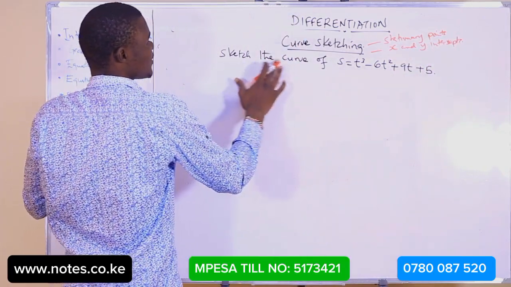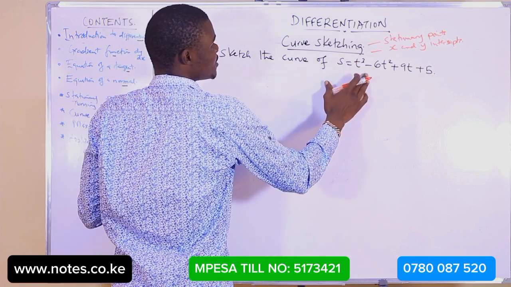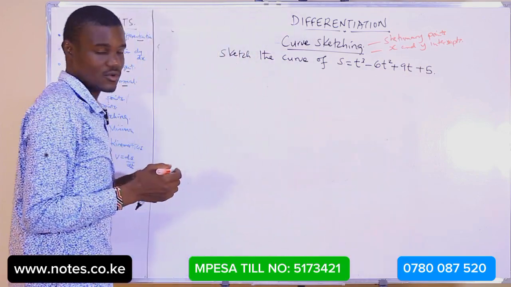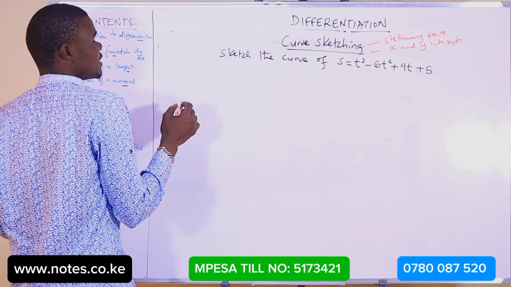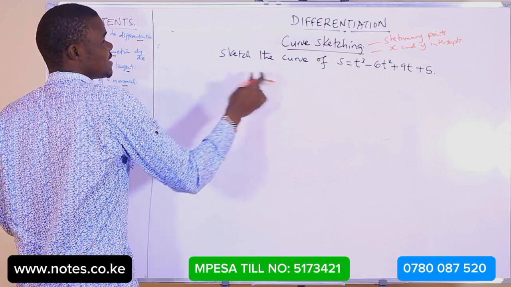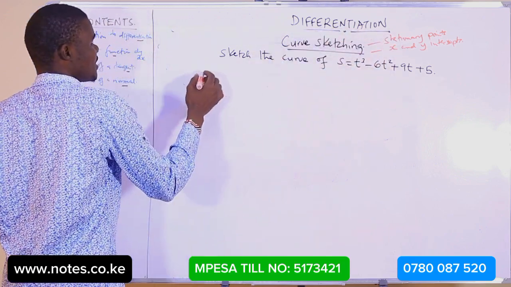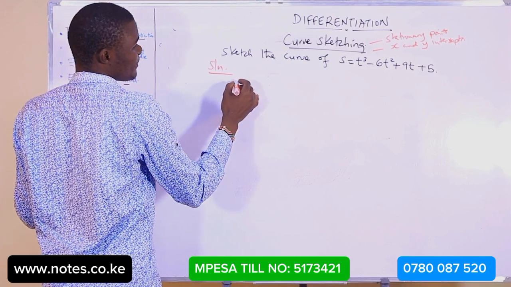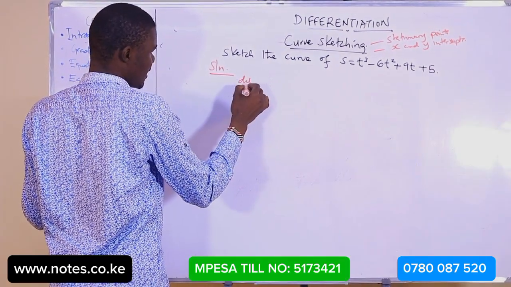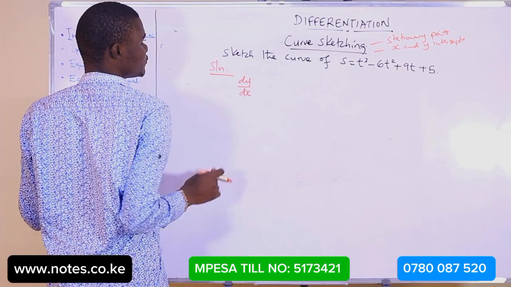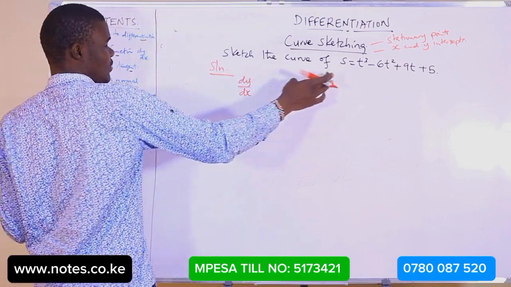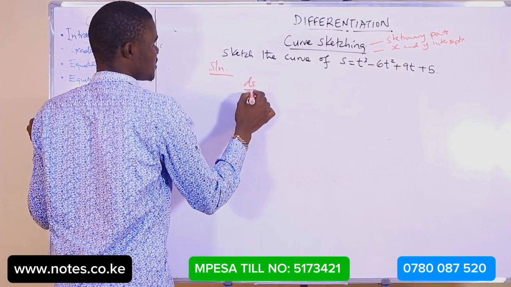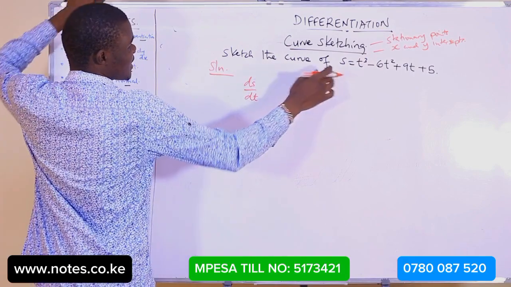We are asked to sketch the curve of s is equals to t cubed minus 6t squared plus 9t plus 5. So what basically we are going to do is, number 1, to get the stationary points. And we said for you to get the stationary points, you're going to say that dy over dx, which here we are saying ds over dt because we are differentiating that against that.